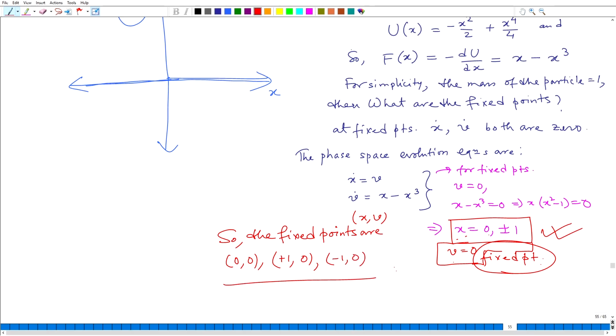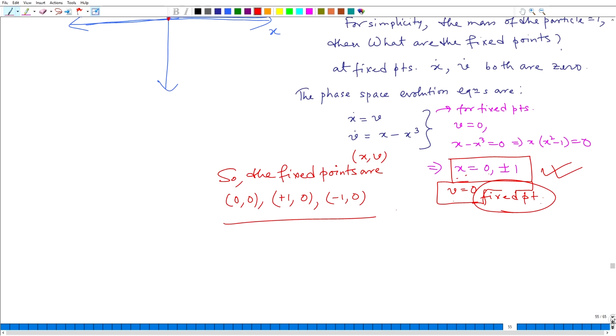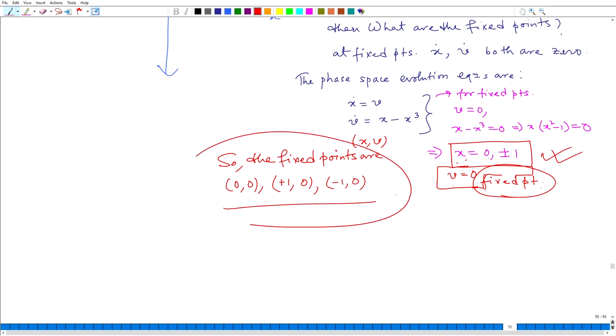Okay. Now, I can actually go a little bit further and introduce a concept analogous to the stability, just as we did for a potential, here also in the case of a fixed point, and actually in the neighborhood of a fixed point. Okay.